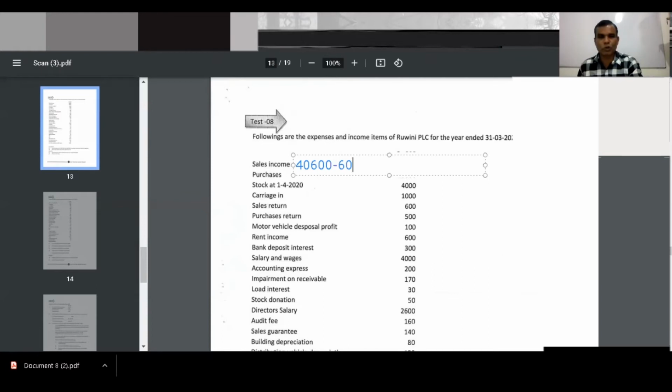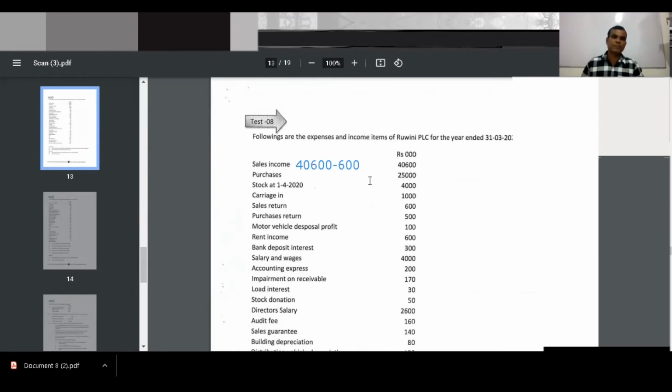Then the total of 40,000 can be taken to the sales column in the income statement after deducting this amount.